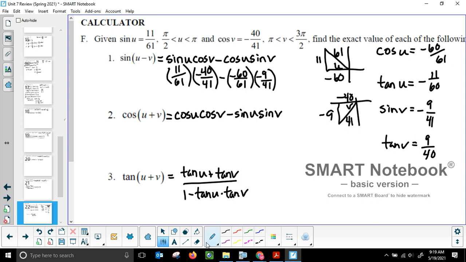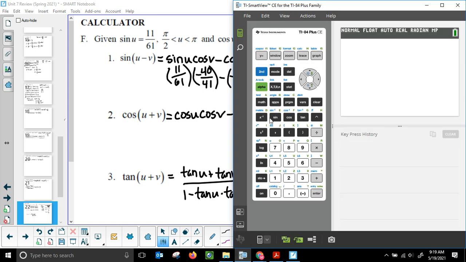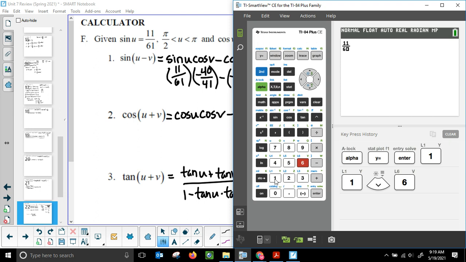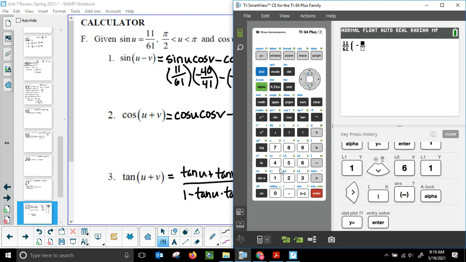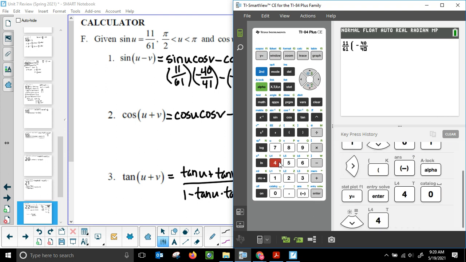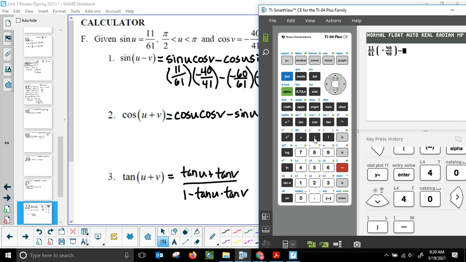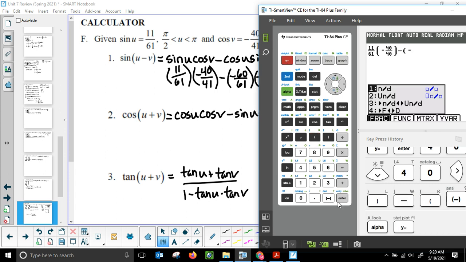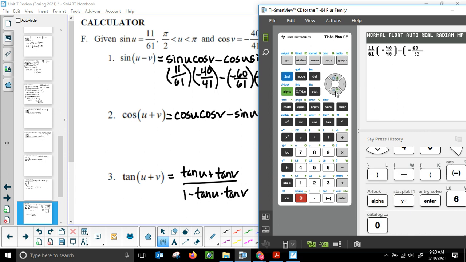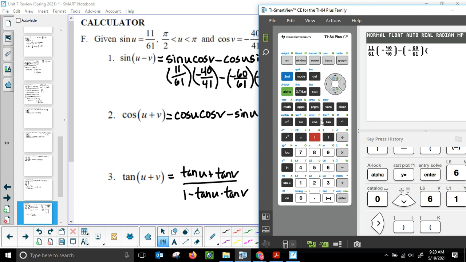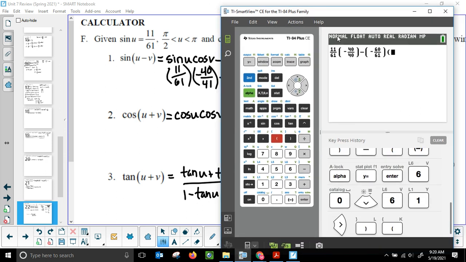Now we can simply plug this into our calculator. We're going to have 11 over 61 times negative 40 over 41 minus negative 60 over 61 times negative 9 over 41.